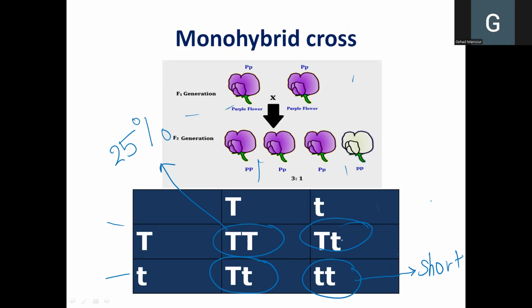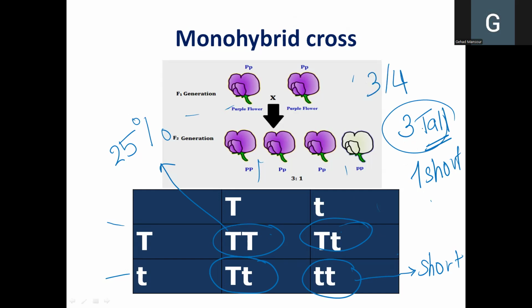It didn't matter at the time whether they were hybrid or pure, because for Mendel, all 3 were tall plants. So he could only deduce that there were 3 tall plants and 1 short plant, or 3/4 tall and 1/4 short.